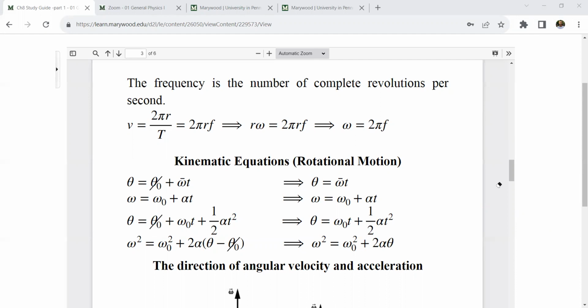The first is x equal to x0 plus v bar t. The second equation is v equal to v0 plus at. The third equation is x equal to x0 plus v0 t plus half a t squared. And the last equation was this.